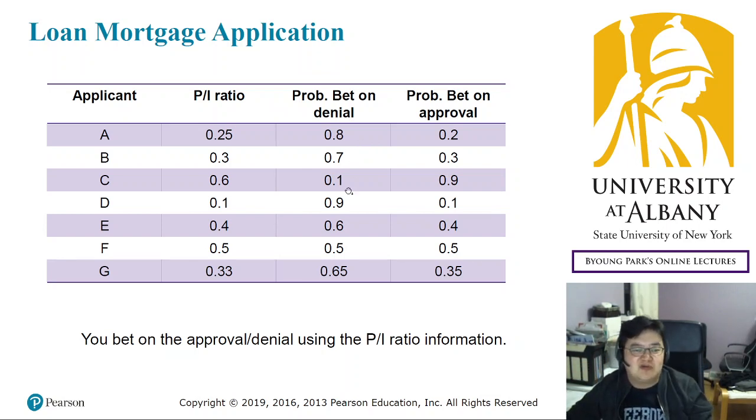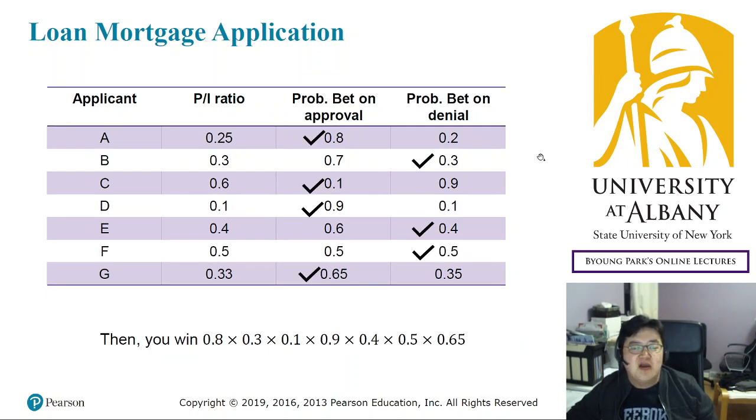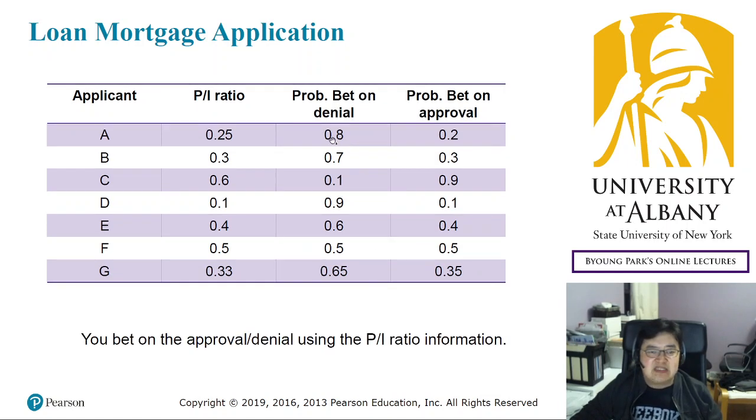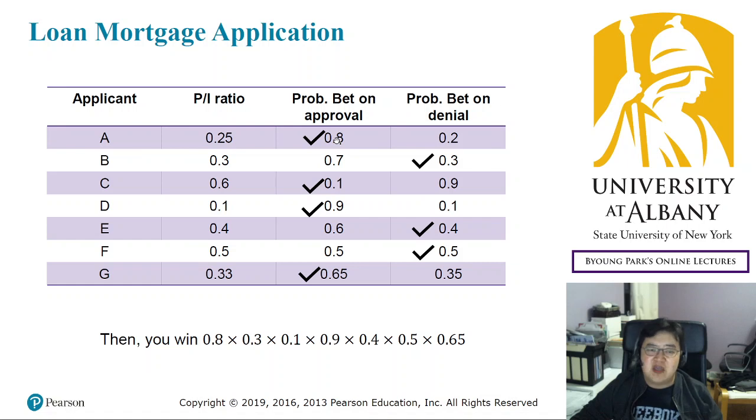You don't know, so it is a game, and then once the results are realized, you collect this probability, this probability, this. So you win the multiplication of all the probabilities you assigned to the realizations, the realized ones, right? So then again, coming backwards, you have to estimate this probability very carefully.